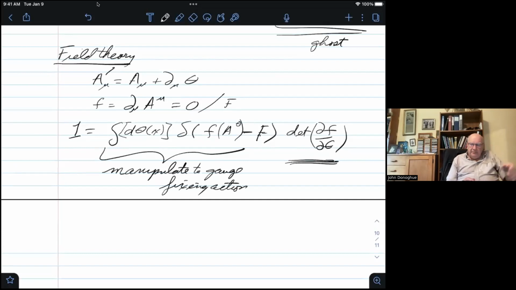The part that is new, so if you just did this, you'd have an awkward way of arriving at gauge fixing. Basically, you've put a delta function constraint in the action.